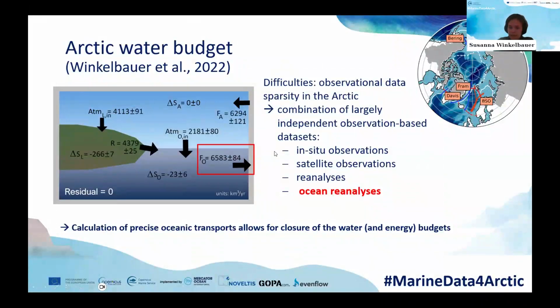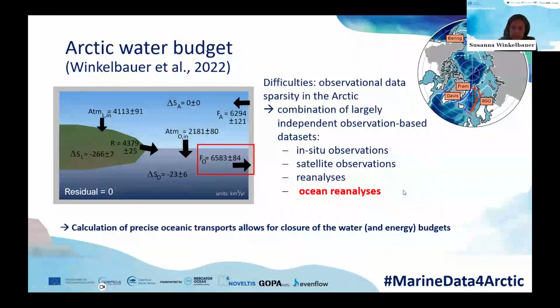And using a variational optimization scheme, we get closed budgets, so with residuals of 0, with best estimates of all budget terms, including uncertainty estimates for a longer time period. I think this was for 1993 to 2019. And this wouldn't be possible without those ocean reanalysis, as the observational data sets only cover a shorter period of time for the transports.